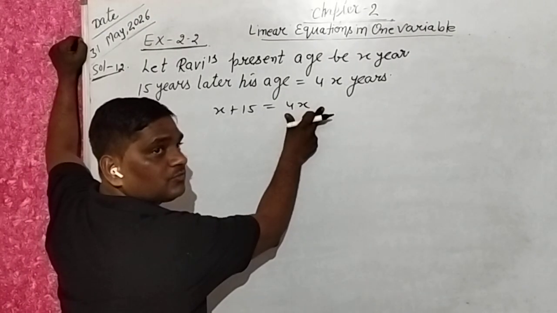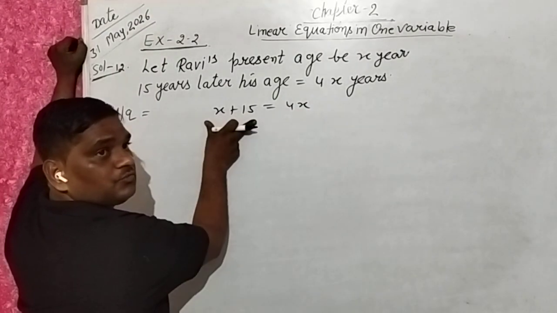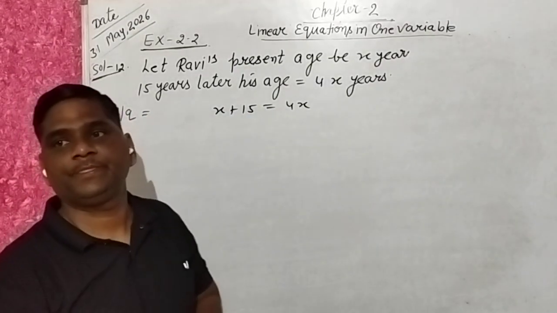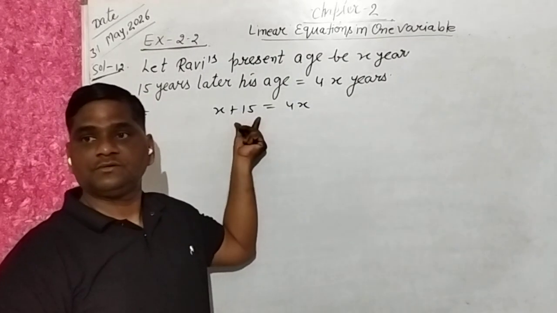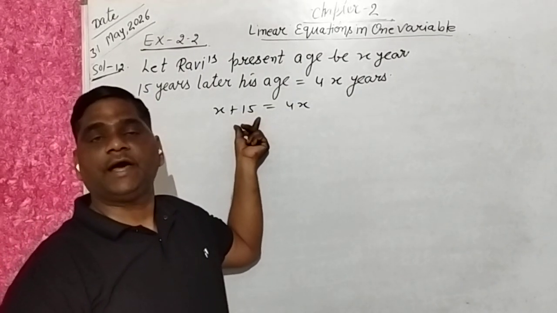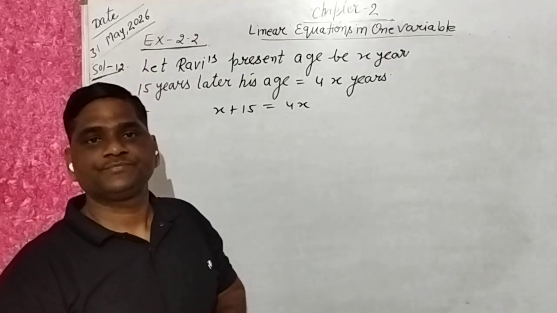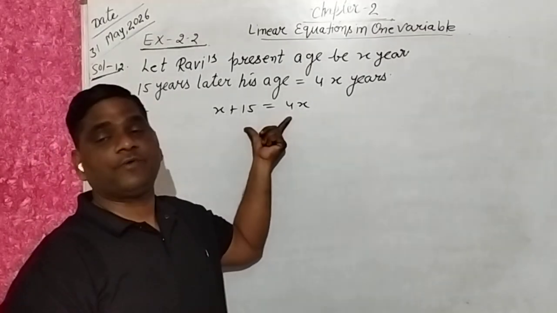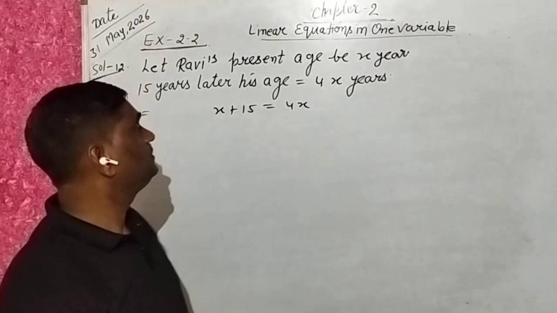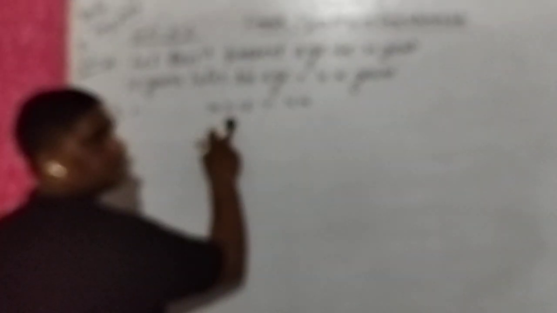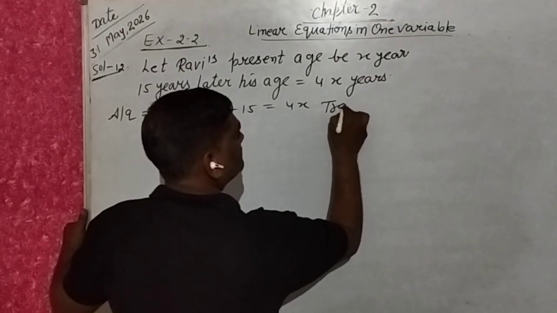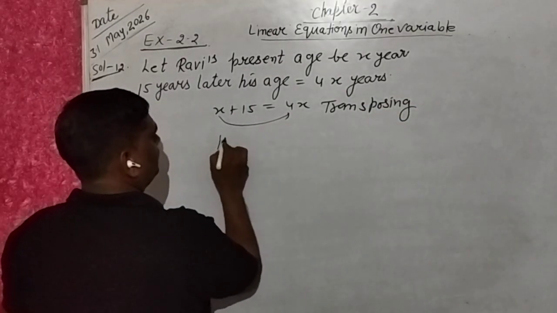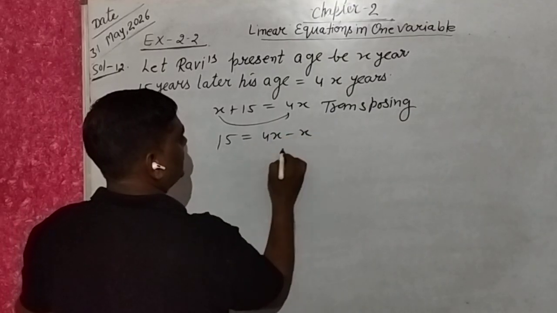Both sides should be equal. On the LHS we add 15, so the RHS should also match. Transposing, 15 is equal to 4x minus x.